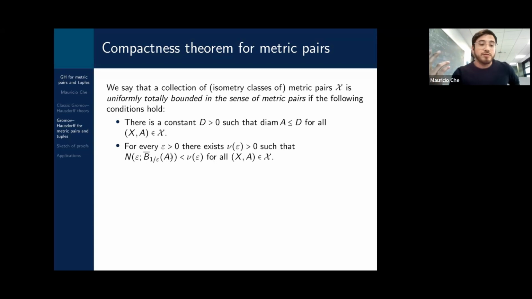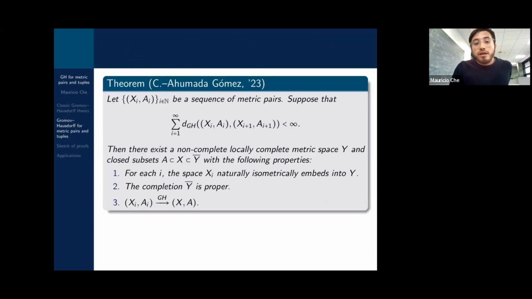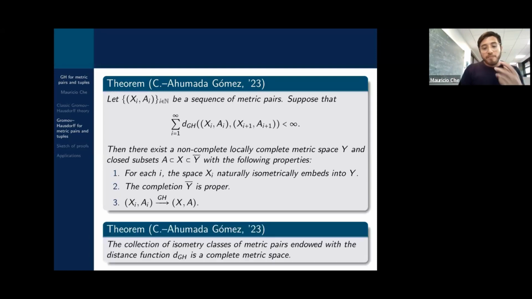And we want those covering numbers to be uniformly bounded. And then we get this characterization of compact collections in this setting. Again, a class of metric pairs is precompact with respect to the Gromov-Hausdorff topology if and only if it is uniformly totally bounded in this sense. We also got analogous results to the embedding theorem and to the completeness theorem.